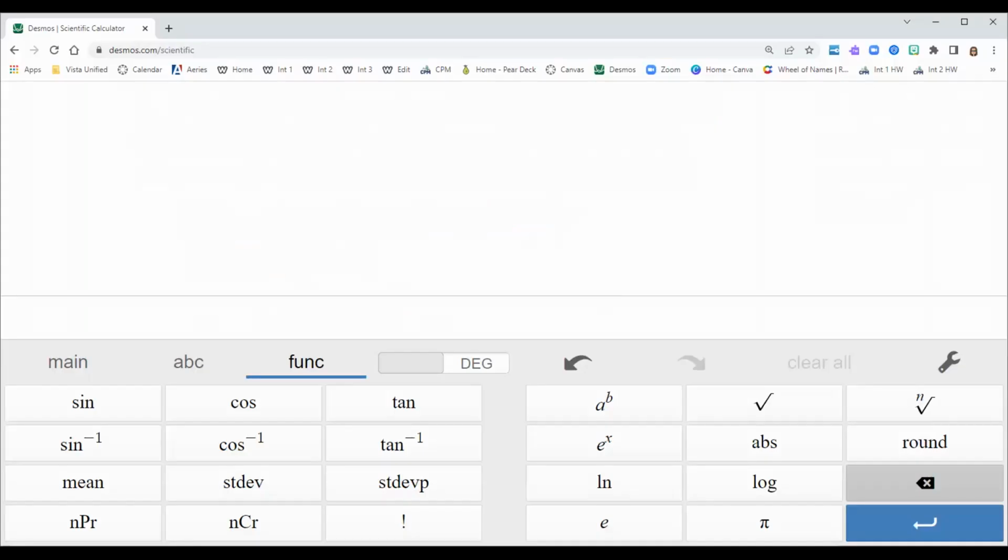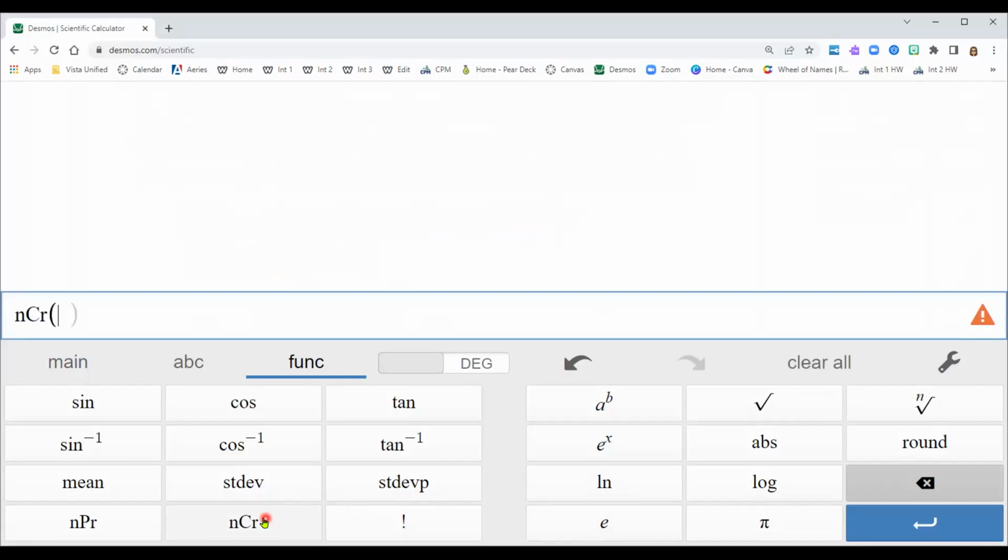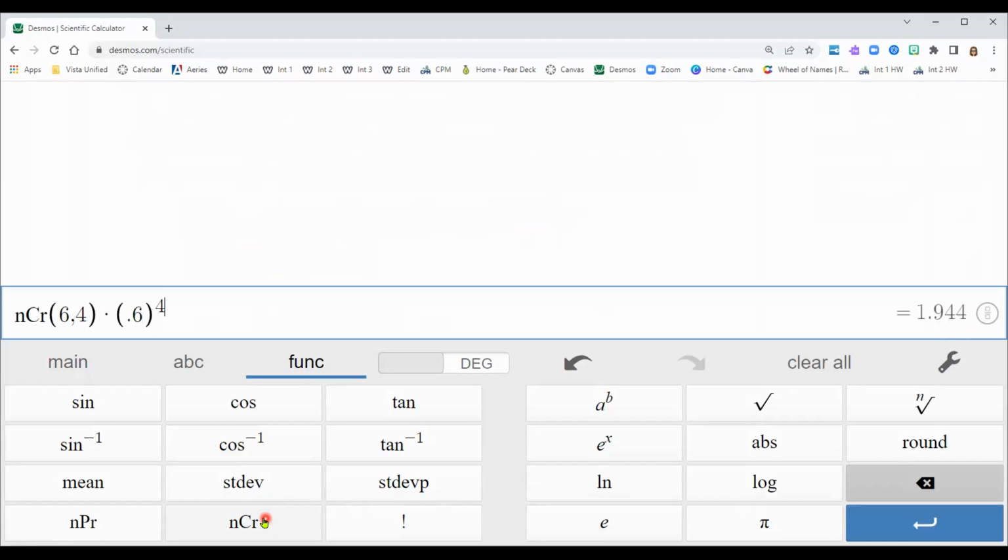Okay, so in this situation, we're going to be doing combinations. We're going to do 6 choose 4 times 0.6 raised to the power 4 times 0.4 raised to the power 2.